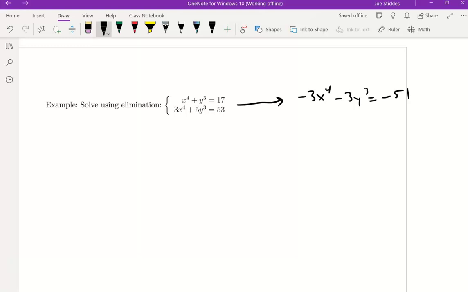Make sure you multiply both sides by -3. When we add the two equations together now, what do we get?